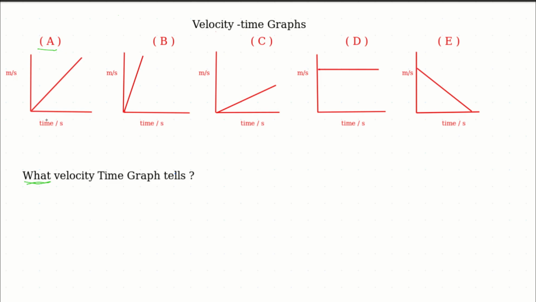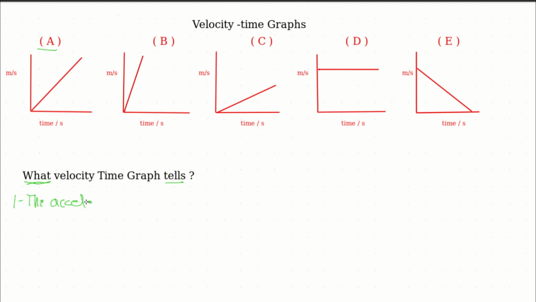That means we have velocity plotted against time, which shows the change of velocity over time. And change of velocity over time is actually the definition of acceleration. So the velocity time graph tells the acceleration of the moving object.